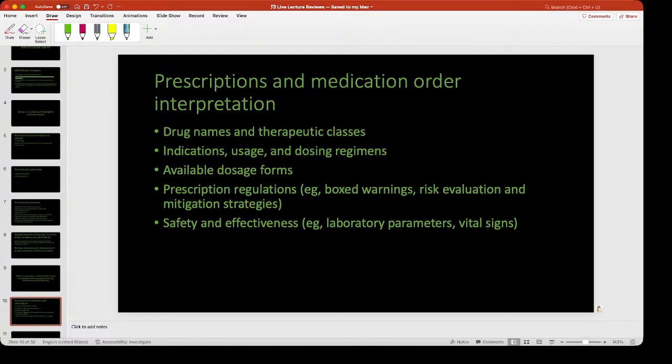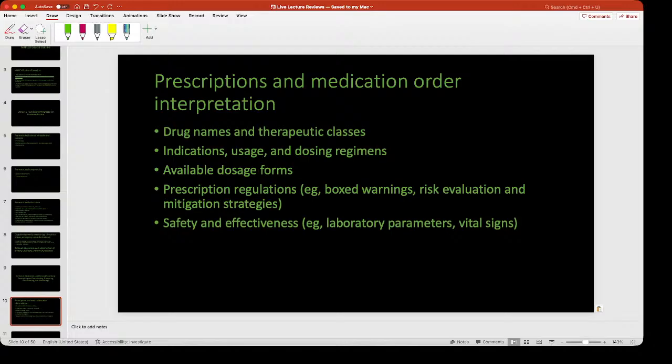Is it a pill? Is it IV? Available dosage forms. You have to at least somewhat have a basic understanding of some kind of dosage forms, like ondansetron. Ondansetron comes as a solution, it comes in pill form, but sometimes it could be used in IV.